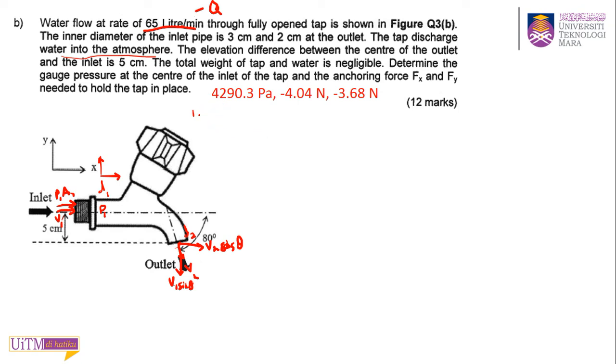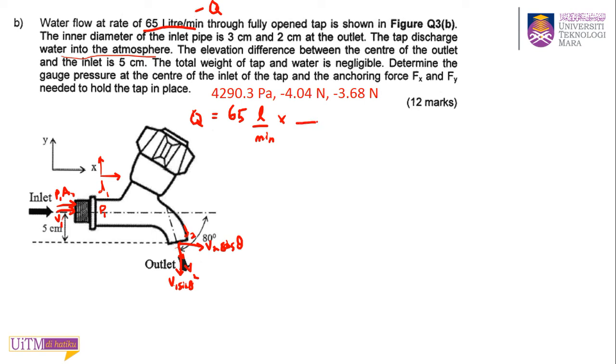They give you the Q. The Q is 65 liters per minute. You need to be able to change this into meter cube per second.